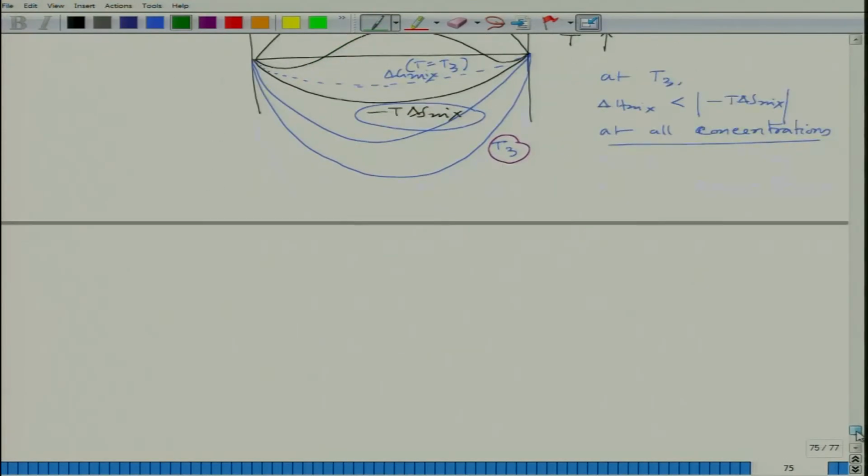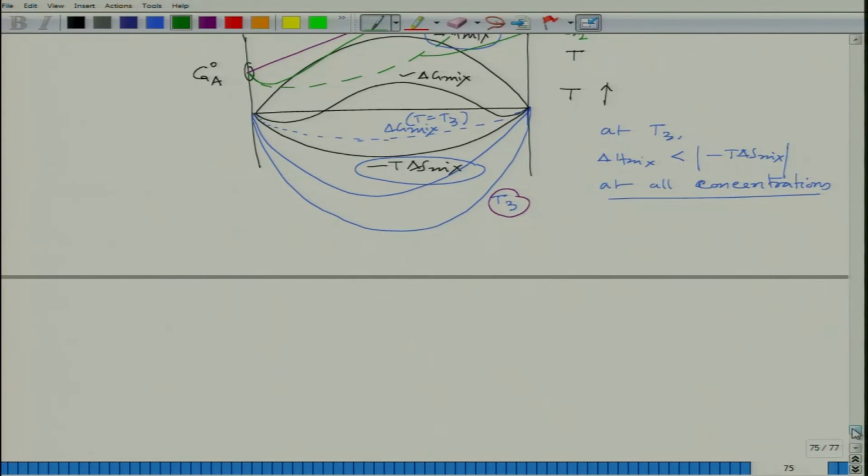Now, if I try to deal with only the G2 line, let us say I have drawn this, this is the zero point G value.